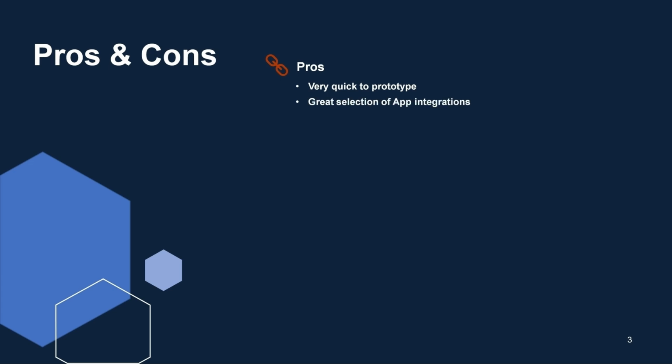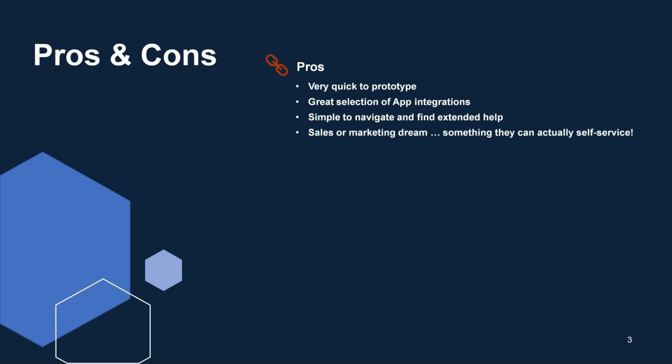There's a great selection of app integrations. You've got Google integration, Microsoft integration, even Dynamics 365 as well, and many more. It's also very simple to navigate, and I found it extremely easy to find extended help in order to locate certain functions to implement the Zap that we completed in this session.